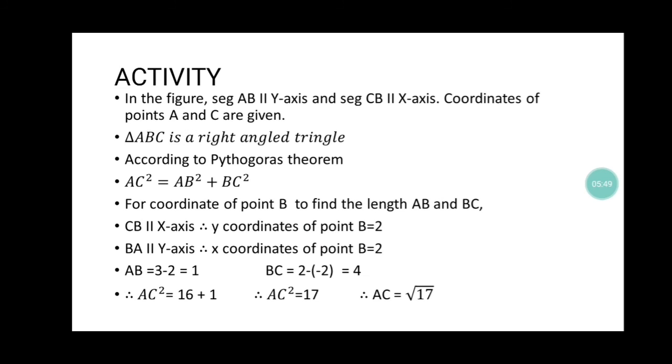Now we move on to the next part, in which we are going to perform an activity. In this, we have been given a Cartesian system. I'll just draw a rough figure.